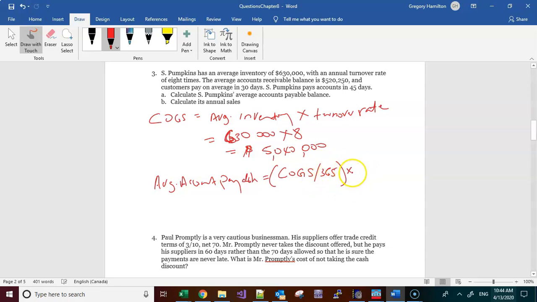Multiply by the average payment period. Let me just clean this up a little bit.